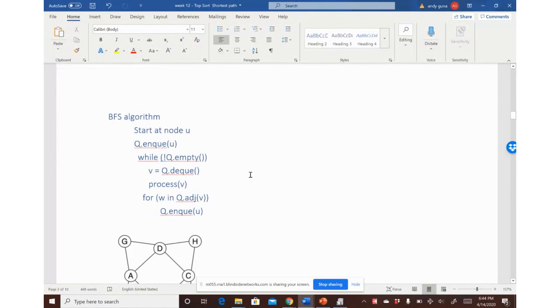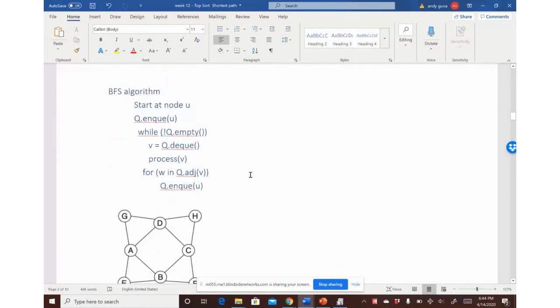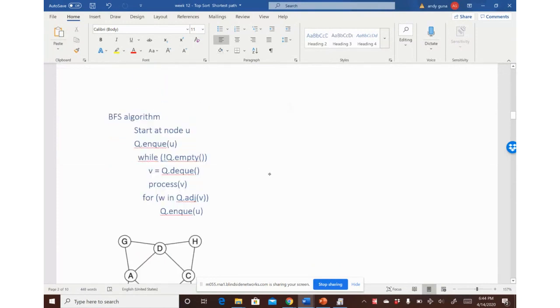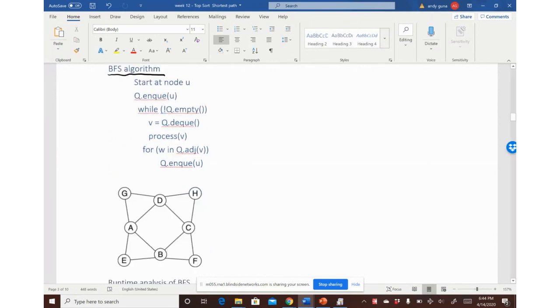Okay. So graph traversals, there are two major algorithms. One's called the BFS, which is the breadth first search. The idea of the breadth first search is that you start from a node, and let's say I mark 0 at that node. What that means is that the distance from that node to that node is 0.